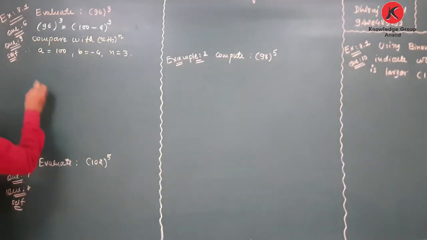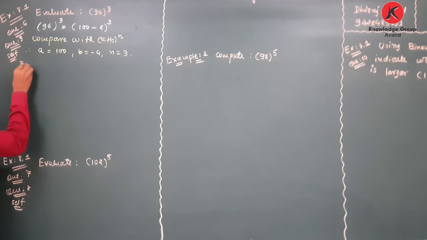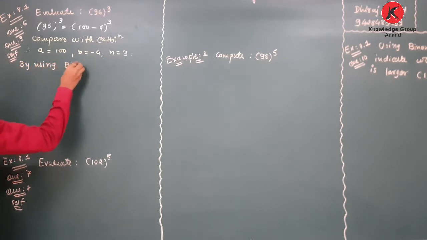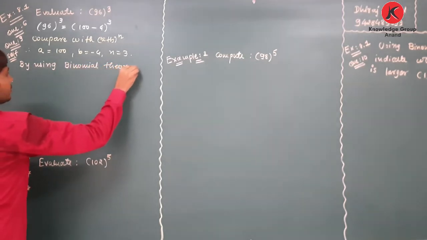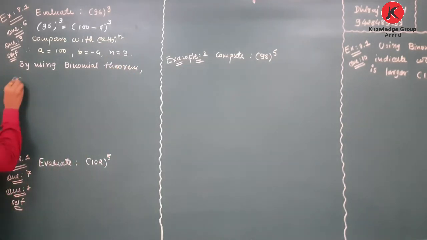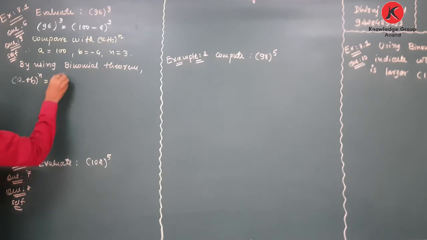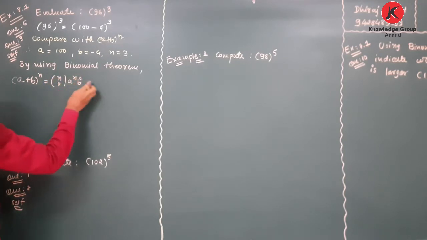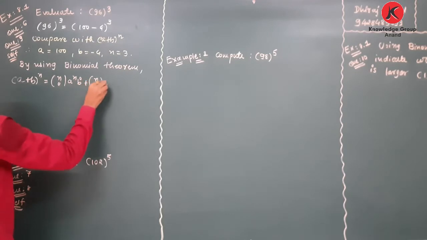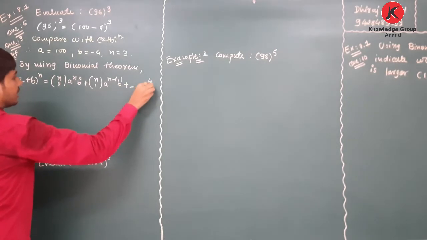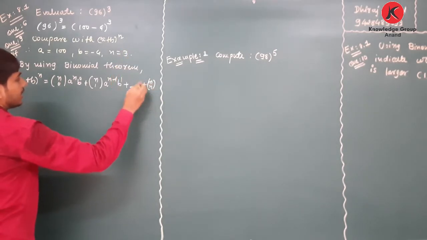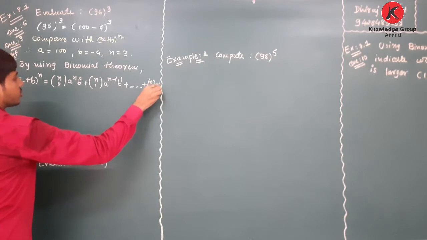Now by using the binomial theorem, first write down the binomial theorem: a plus b whole raised to n equals nC0 a raised to n b raised to 0, plus nC1 a raised to n minus 1 b raised to 1, plus, directly writing the last term, nCn a raised to 0 b raised to n.